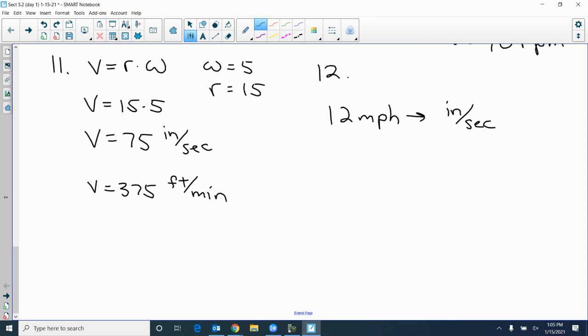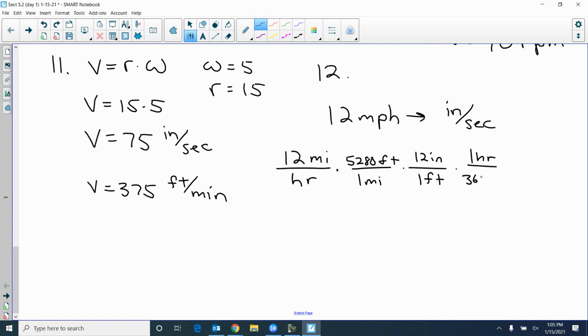This is not right. Zachary, you got it? Almost there. Let me know what you get. 12 miles per hour. I'm going to do this conversion thing, which I'm not very good at. 5,280 feet in 1 mile. 1 foot is 12 inches. 1 hour over, I'm going to cheat and make it 3,600 seconds.